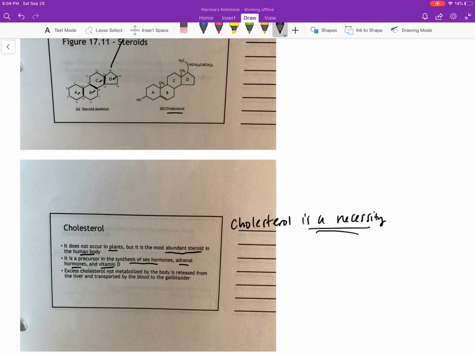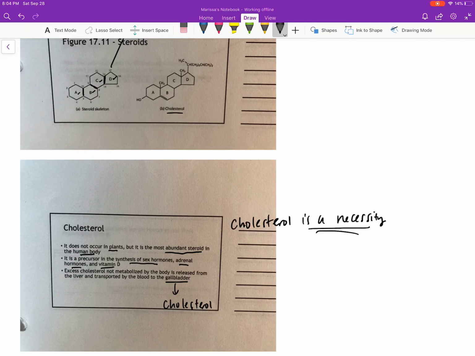We have to have it in order to have all these other things our body needs. Now, excess cholesterol that's not metabolized by the body is released from the liver and transported by the blood to the gallbladder. And that's where we get into trouble, because you're loading your body up with cholesterol that it doesn't know what to do with besides to try to get rid of. So cholesterol is good, but too much cholesterol is not good.